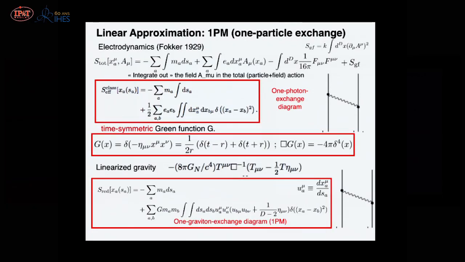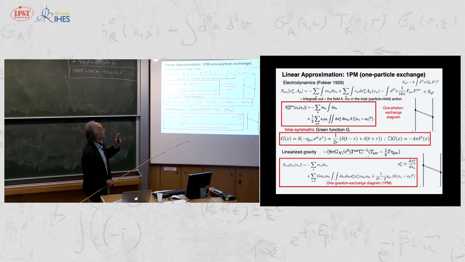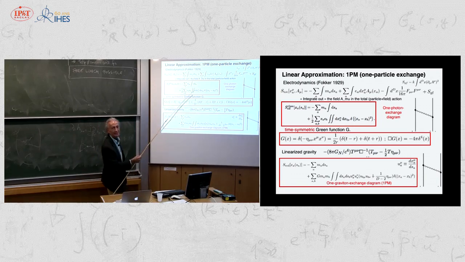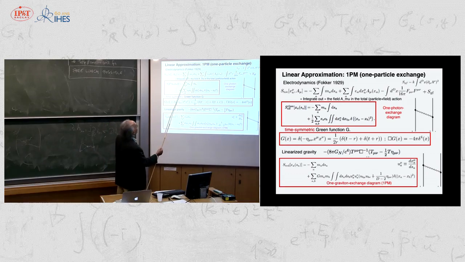To be concrete, let me show you explicitly how it works at the one particle exchange, because this idea of Fokker action is not so well known usually. For instance, in electromagnetism, I have point particles moving in space-time.